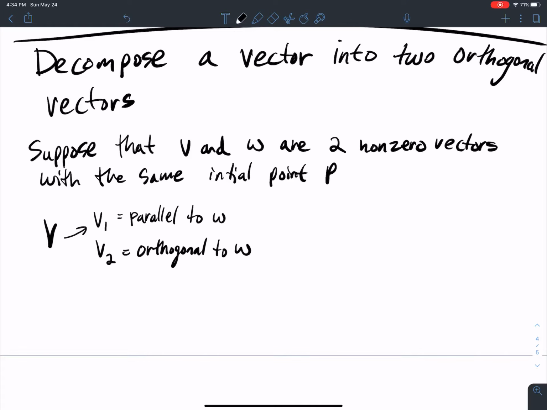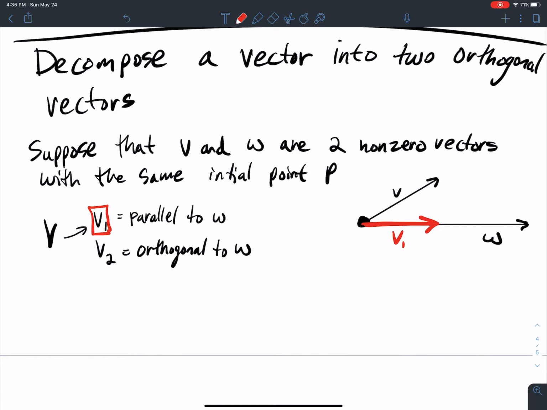So say you have this point P and you've got your vector V coming out here. Okay, and you got your vector W going out here. Okay? So V1 is going to be parallel to W, right?